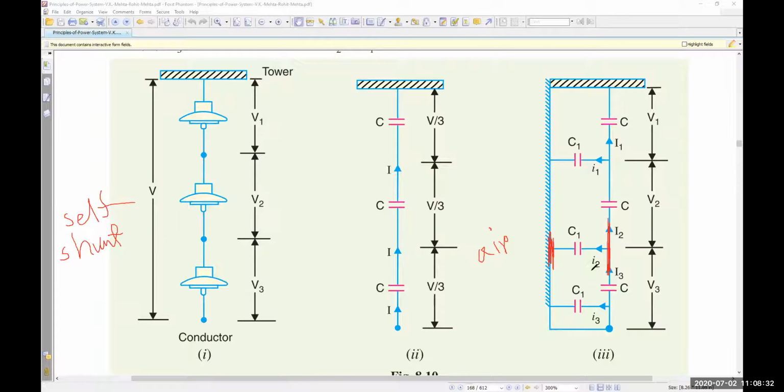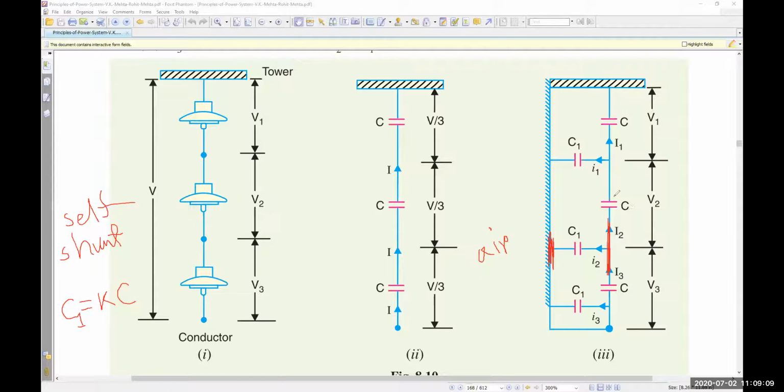Which capacitance will be bigger in value? Self, obviously. The air capacitance, that means the shunt capacitance, is very small. So we can say C1, the shunt capacitance, is equal to some percentage of C, like 10%.